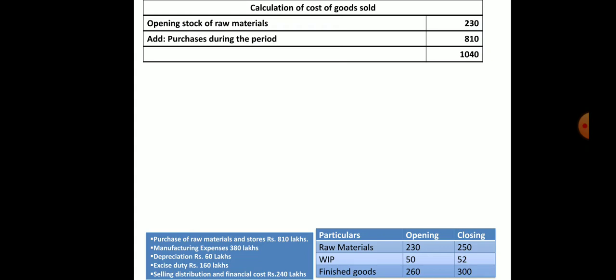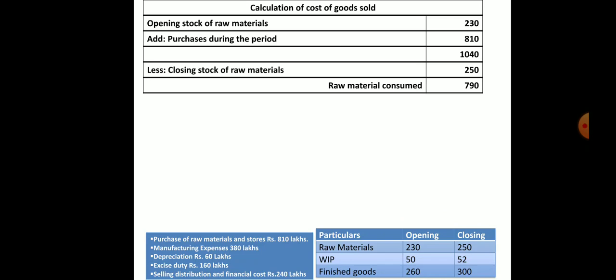From this, we have to minus the closing stock of raw material. In the note they have given 250 as your closing stock. So 1040 minus 250, 790 is your total material consumed. So first we have found the total raw material consumed, how much raw material we have used: 790 lakhs worth of raw material.